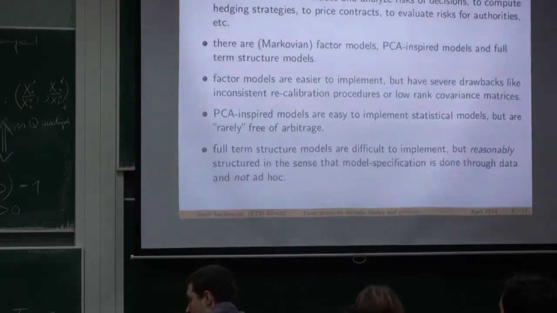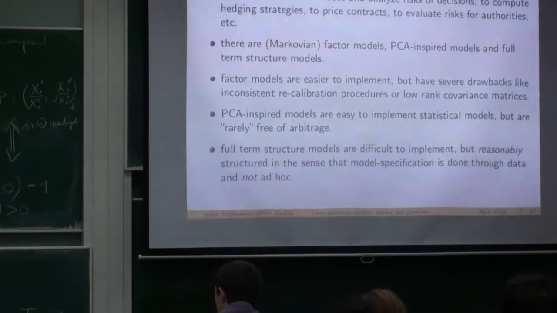What do people do? Because what I was telling here sounds very fancy. So why do we need models? We need models because we want to analyze risks of decisions, compute hedging strategies, price contracts which are based on the yield curves in the future, and evaluate risks for authorities. So if you are an insurance company, you have to evaluate your current portfolio in a year, and therefore you need to have a distribution of yield curves in a year, and then you calculate what is the value of your portfolio.